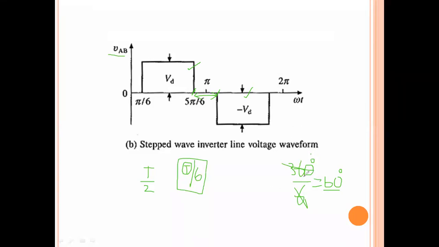If we take the time period as 360 degrees, then 360 by 6 gives the difference, which means a 60 degree gap must be maintained between two square pulses. You can see this square pulse ends at 5 pi by 6, which means 150 degrees. And this next square pulse starts at pi plus 30, which means 210 degrees.